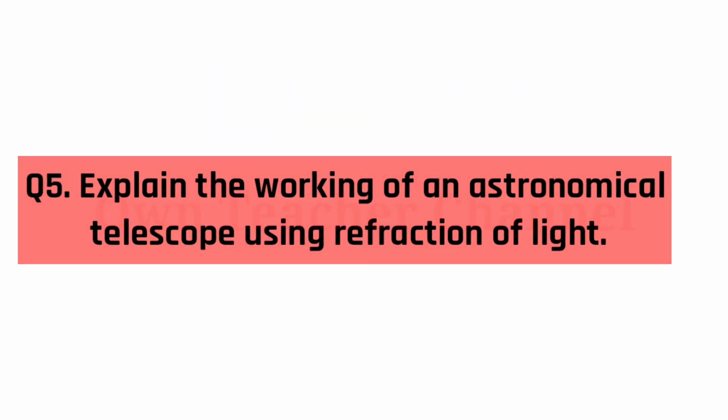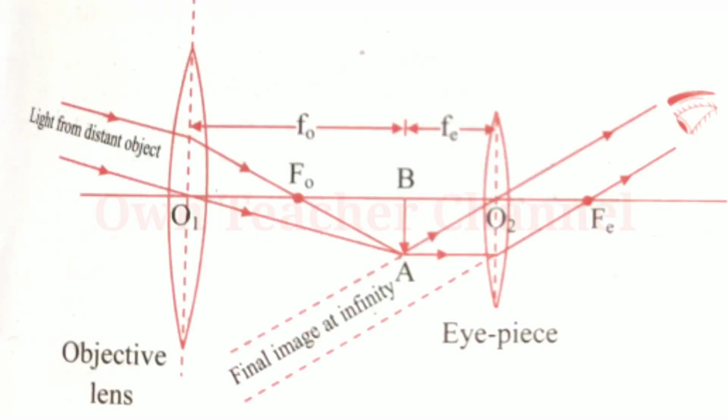Question 5. Explain the working of an astronomical telescope using refraction of light. The telescope which works on the refraction of light is a refracting telescope. It consists of two convex lenses called objective and eyepiece.